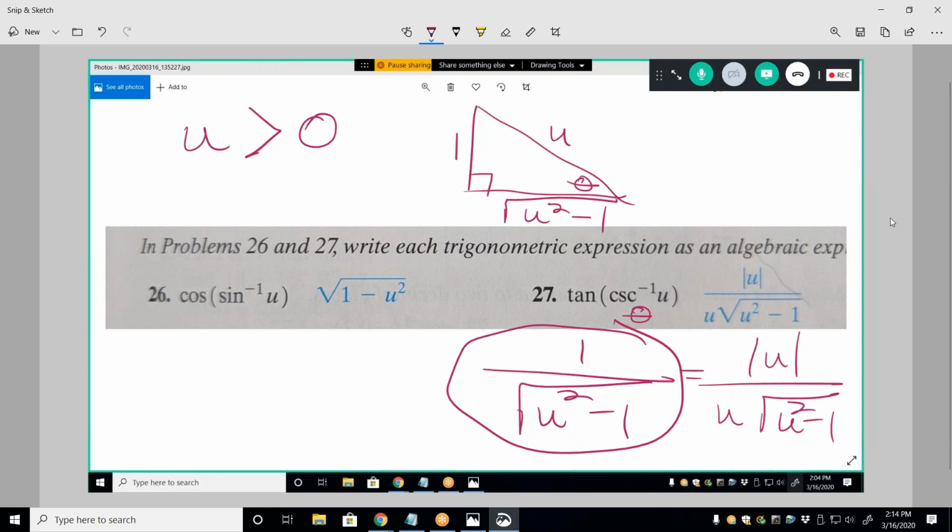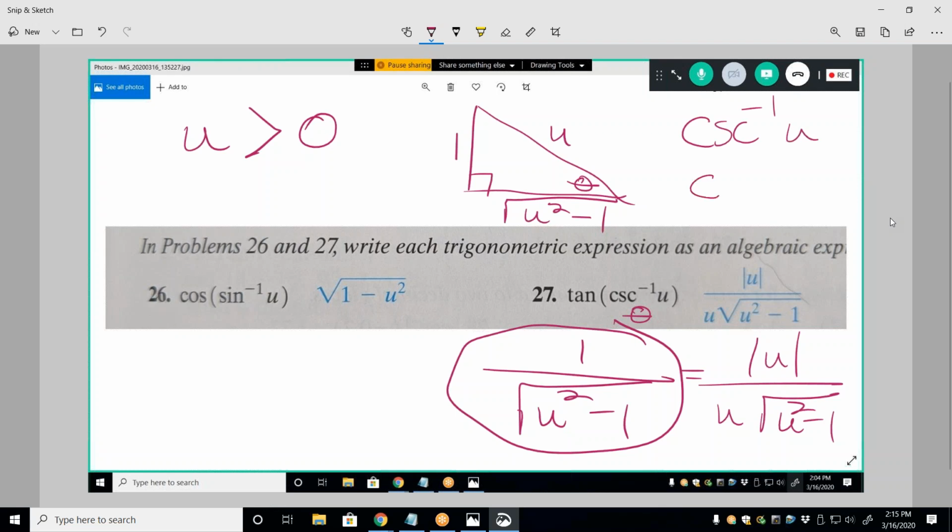Sitting here trying to figure out why that would be. Now u could be negative. Let's talk about that for a second before I even look at your answers. The triangle I drew, u is always positive. But if I just look at this, that could be negative.